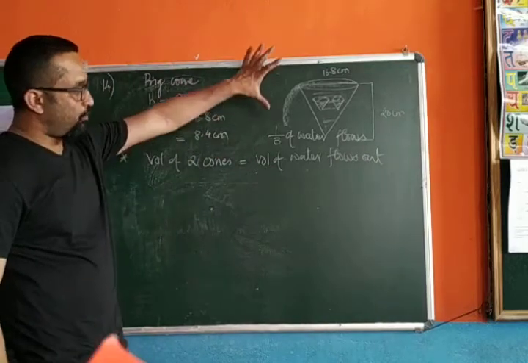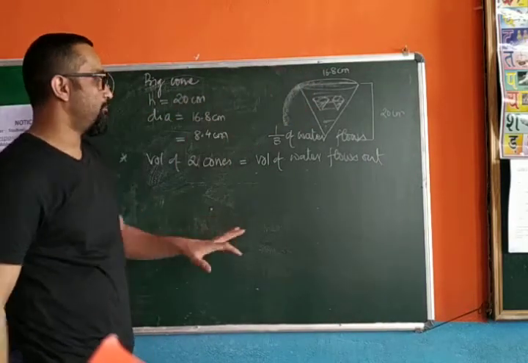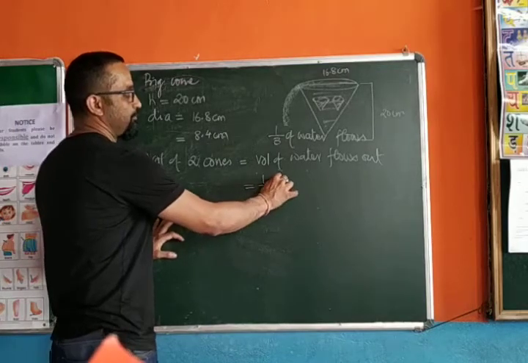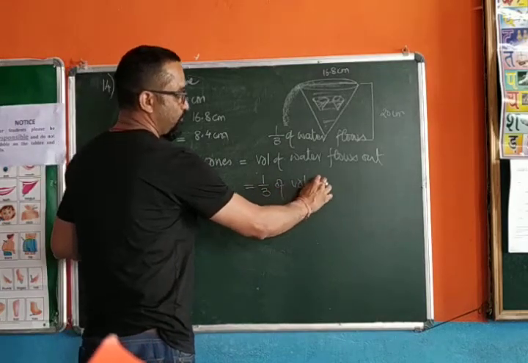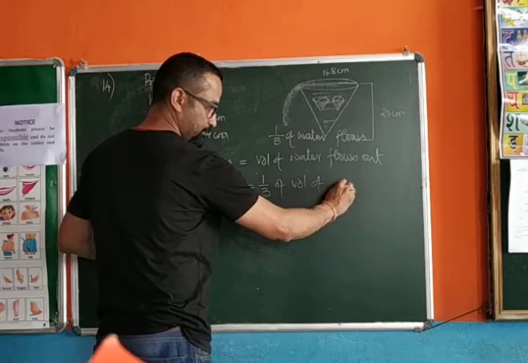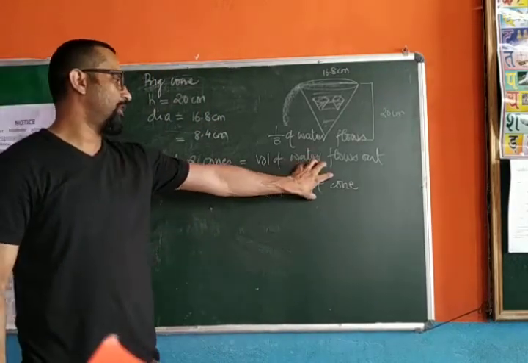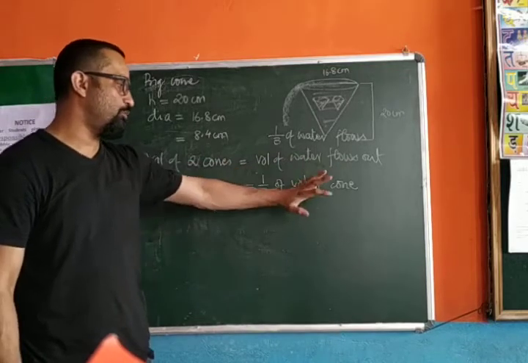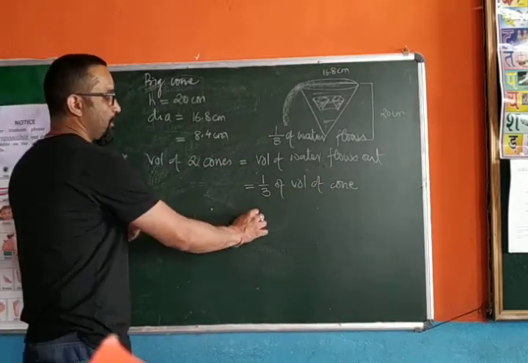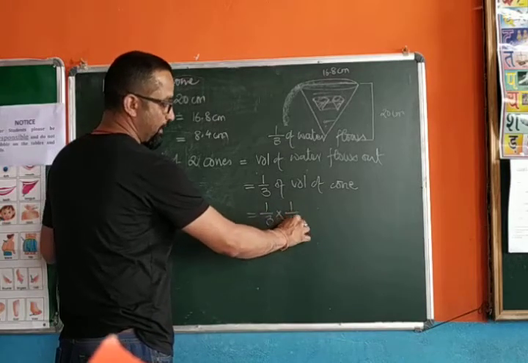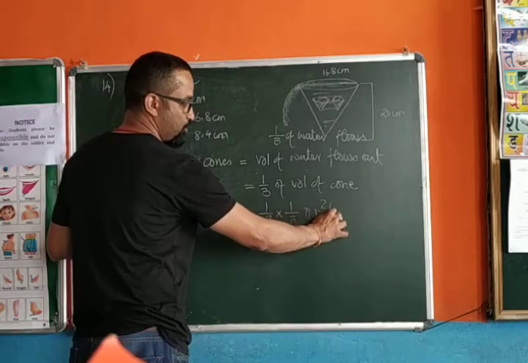And since water is kept in the conical vessel, and 1/3 of water is flowing out, it is 1/3 of the volume of the cone. Write down the formula 1/3 pi r square into height.